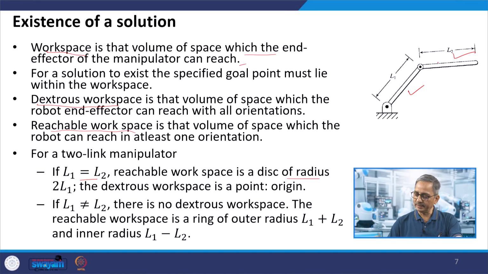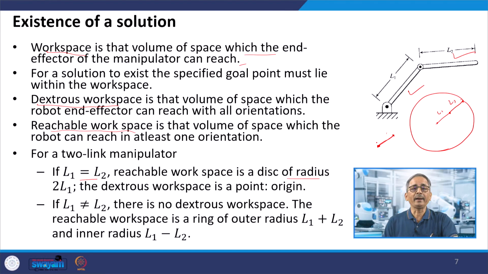In this first case your reachable workspace is the disk of radius 2 L1, and with one link folded onto the other, your dexterous workspace is just this point.